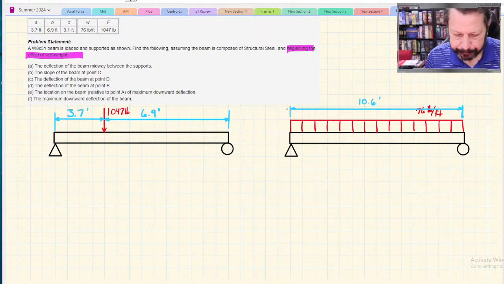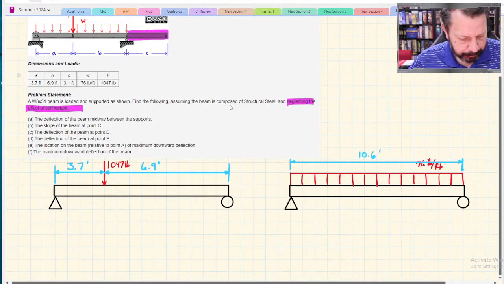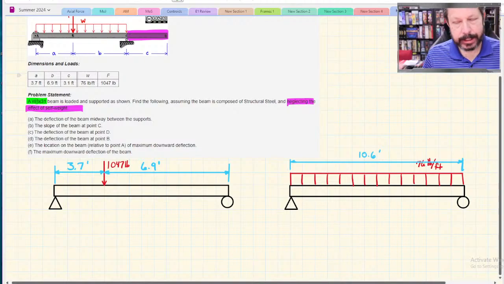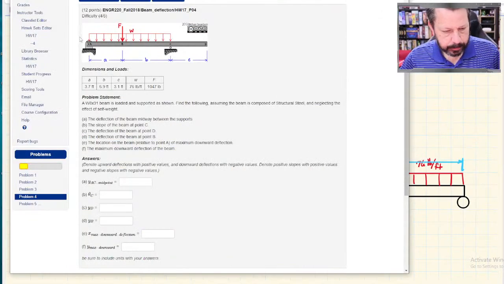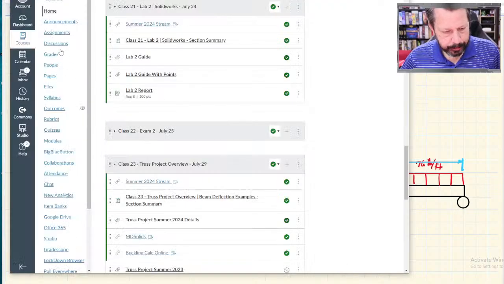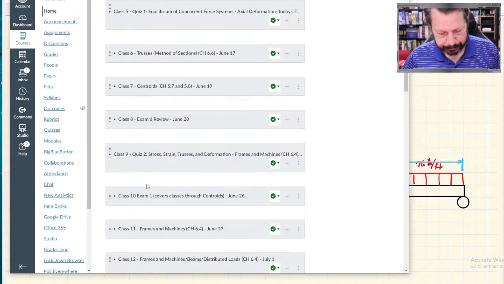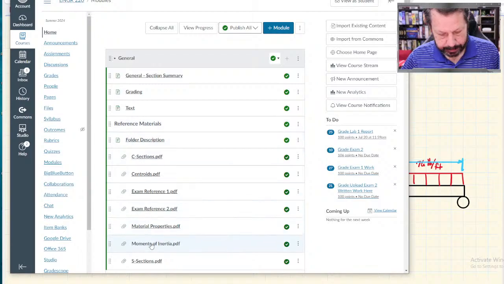Now, before we do too much, we need to figure out some stuff about the beam. It's a W8 by 31, so we need to go get our beam properties. W8 makes it sound like it's an inch series beam, so that's a little bit easier for us because I actually have the inch series W here.